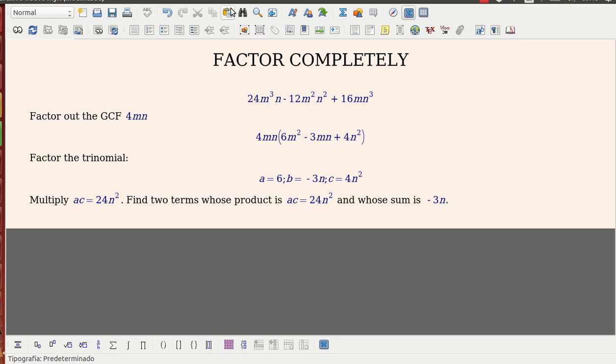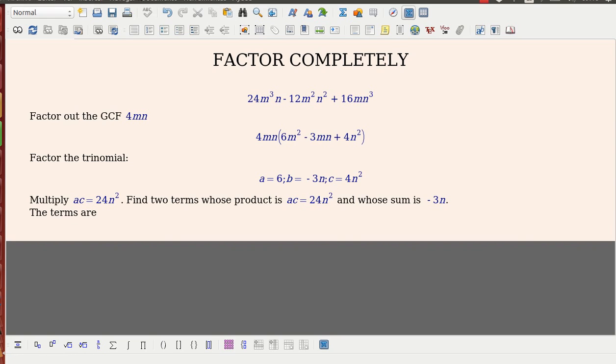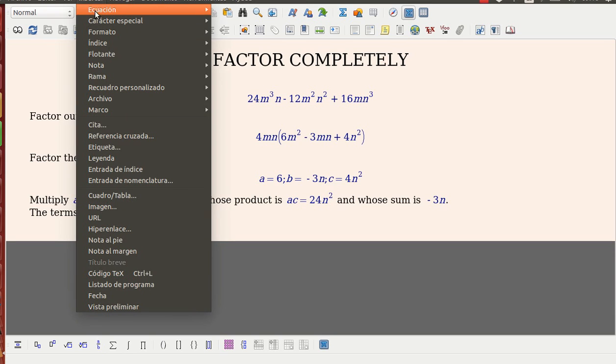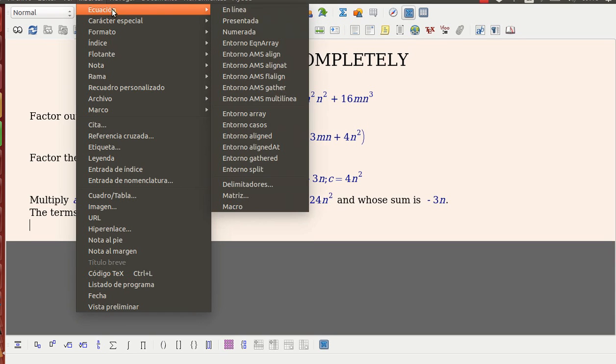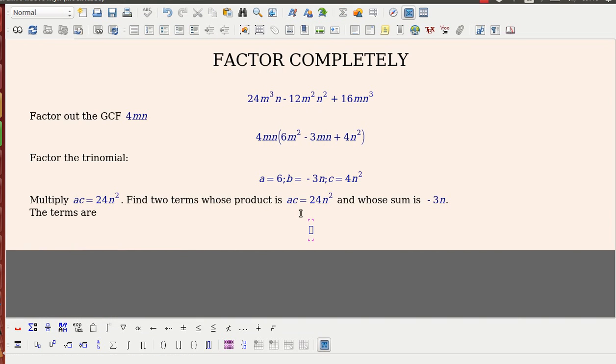So which are these terms? Think a little bit. Remember, if you don't know how to find them, you have to use the prime factorization of 24.